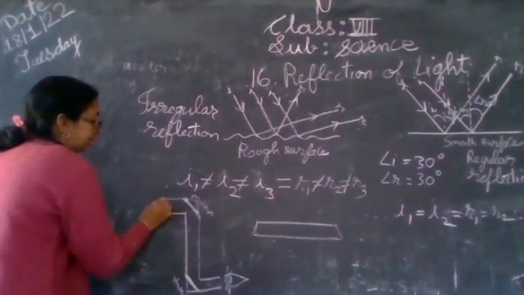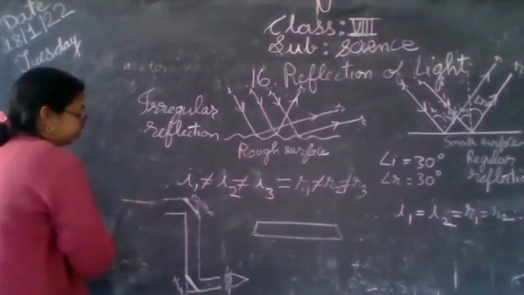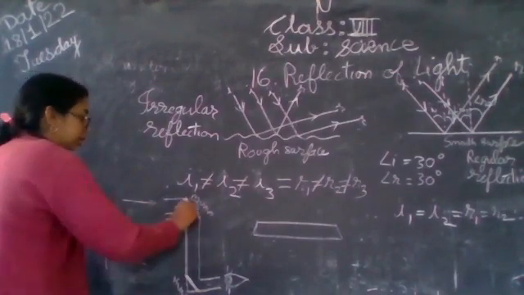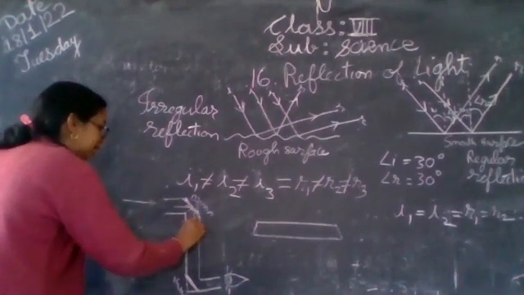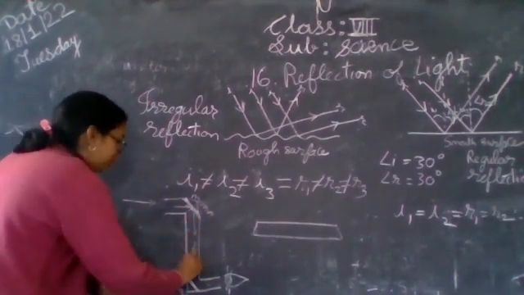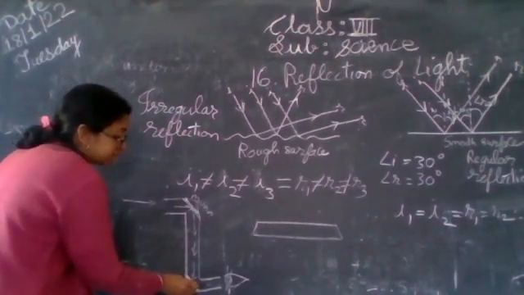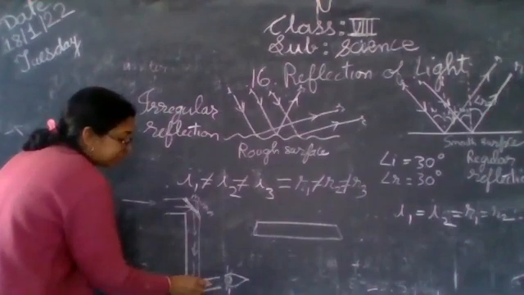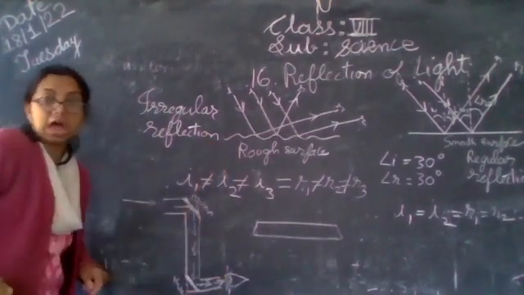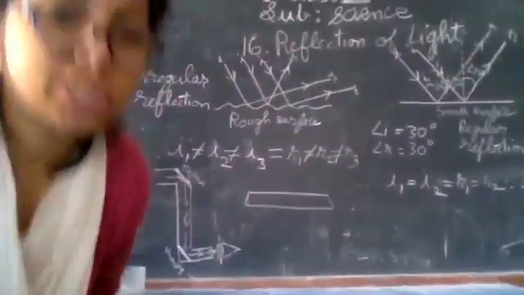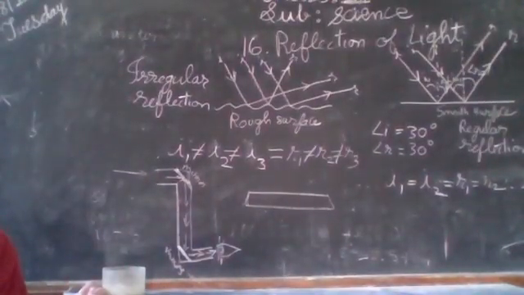Whatever is at the height will form an image on this first mirror. The image of that will again be formed on the second mirror, and this image will be perceived by us with the help of our eyes. This periscope is a very useful instrument if we are in a submarine on the ocean floor.